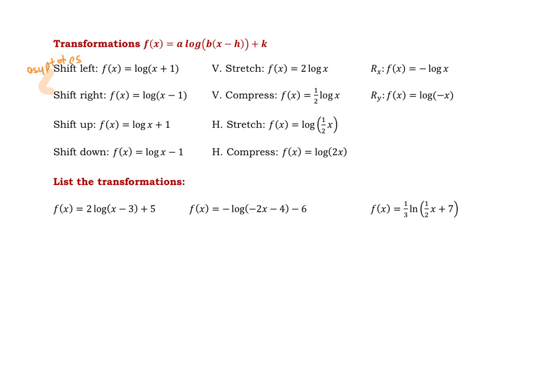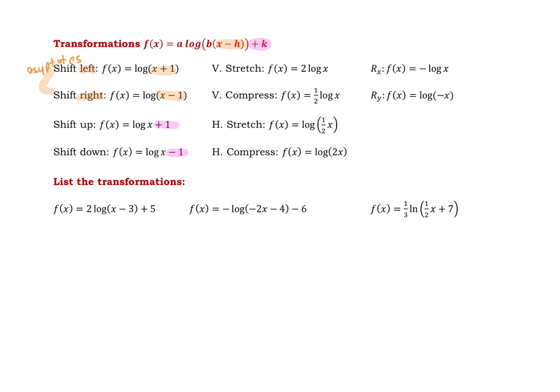My shift left and right is inside. So see inside, and notice it's the opposite. So since I'm adding in my argument, I go left, I'm subtracting, I'll go right. My up and down is this plus K. So I shift up, I'm adding, I'm subtracting. Notice there's no parentheses, so that's outside.